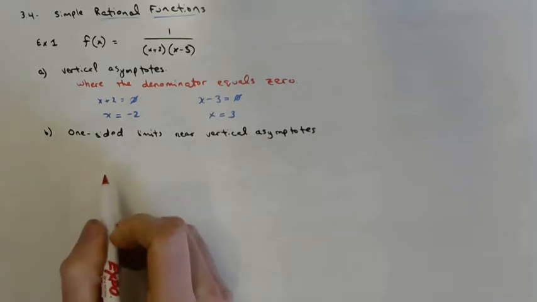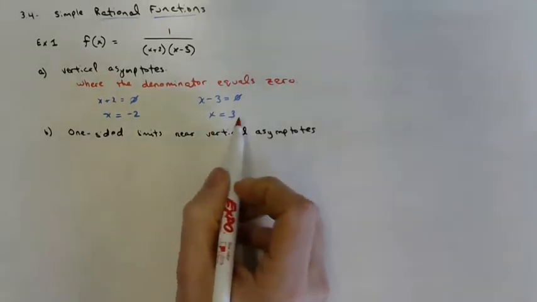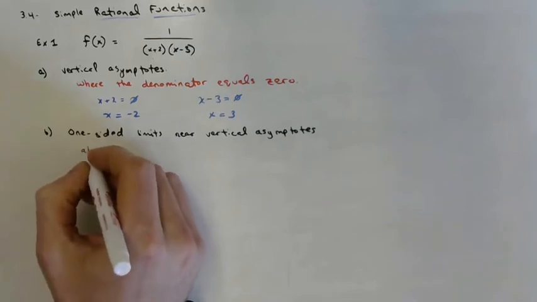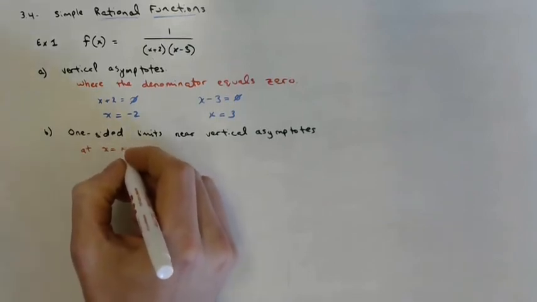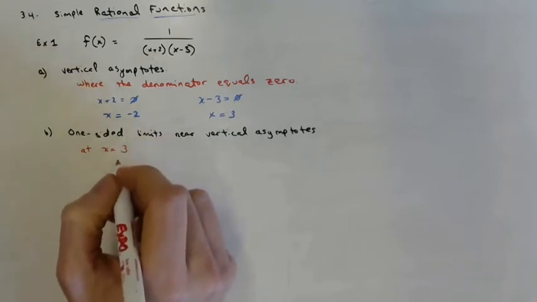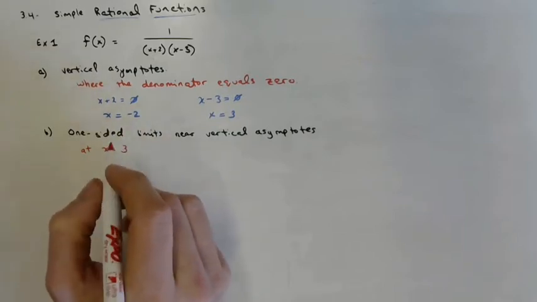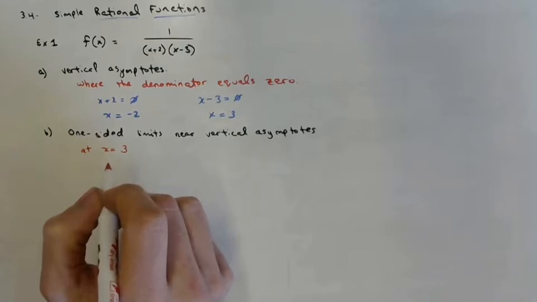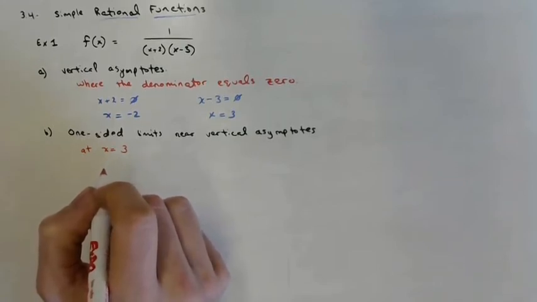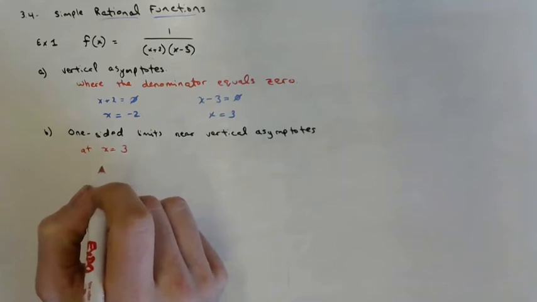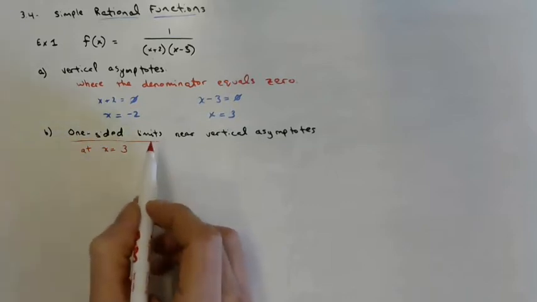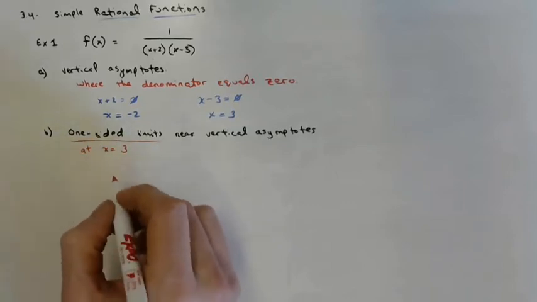So we're going to look at the vertical asymptote at x equals 3 first. And we're going to look at what happens as x is very close to the limit. So we're going to consider what happens to the function when x approaches the limit from the left. That's what we're talking about when you have a one-sided limit. So here we go.